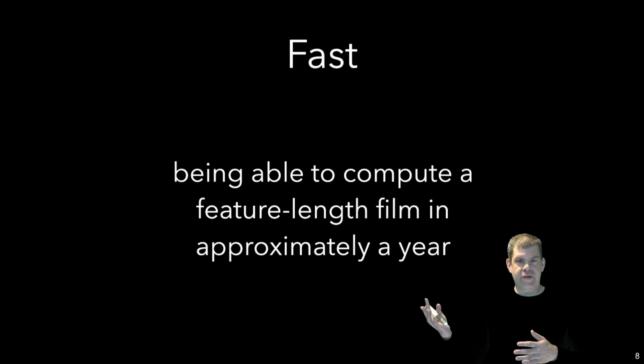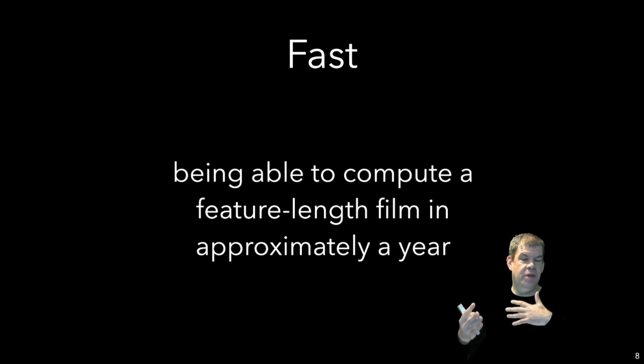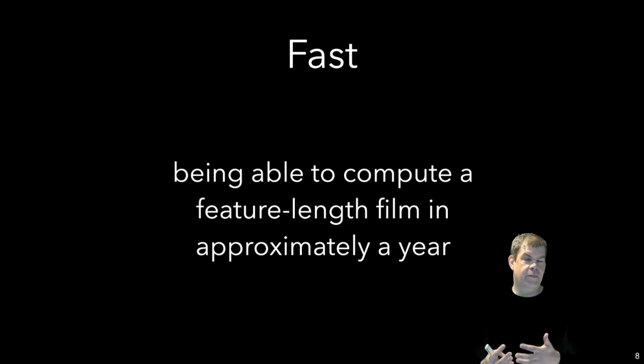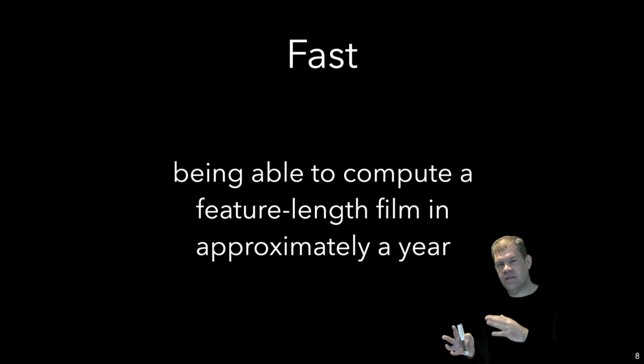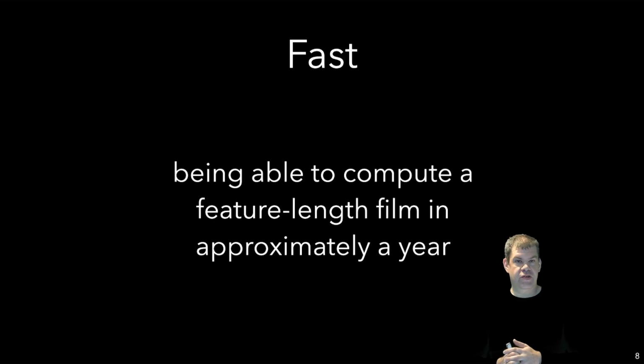Why is that considered fast? Because, well, you can often, not necessarily easily, but at least often, speed things up in movie production by just parallelization, okay? So you have scenes that are independent from each other, that can be processed independently. Often you can process frames independently of each other.